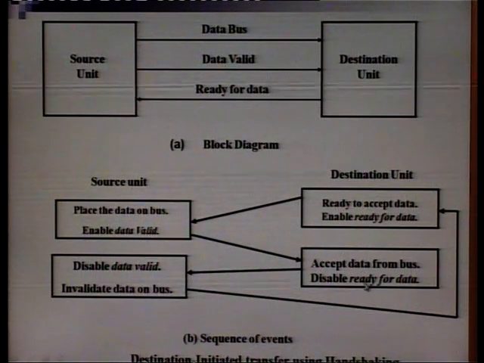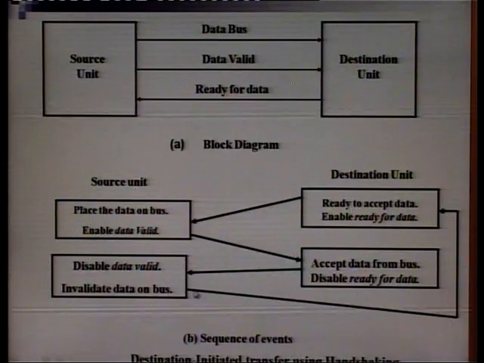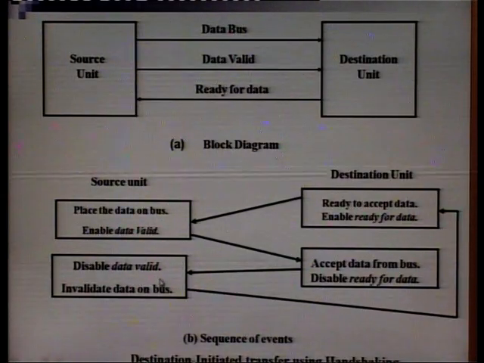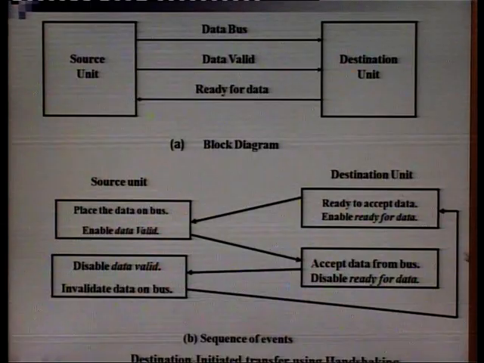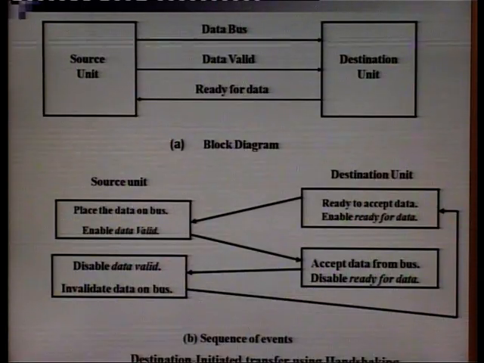That signal is given to the destination, and it accepts the data from the data bus and disables the ready for data signal. Then the data valid signal is disabled by the source unit, and it goes to the initial state, that is, the destination unit. So this is the destination initiated transfer using handshaking.